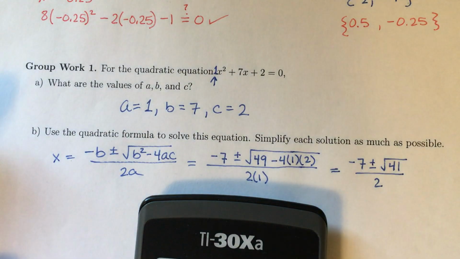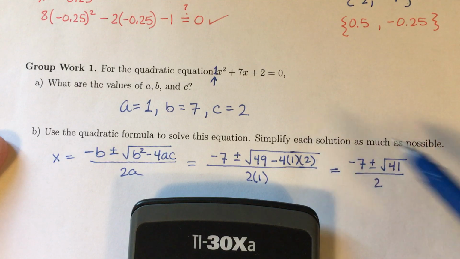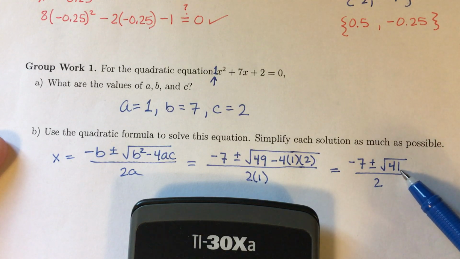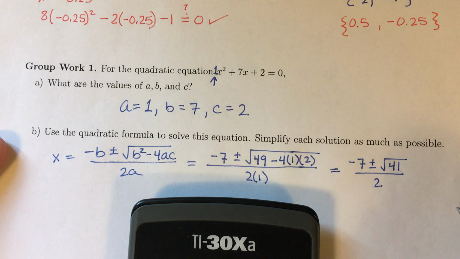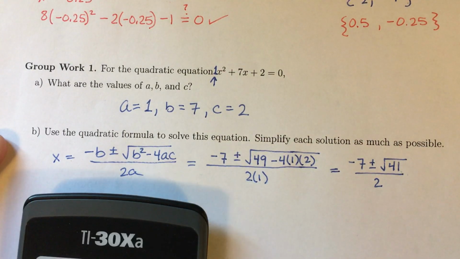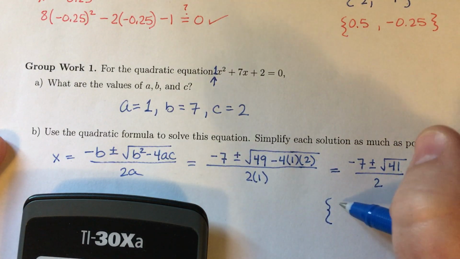Right, after you figure out what the inside of the square root simplifies to, the next step is to simplify the square root. Look for perfect squares. So check if 9 goes into 41, if 16 goes into 41, or if 25 goes into 41. And they don't. So that means that we're done. There are no perfect squares that go into 41, so we are fully simplified.